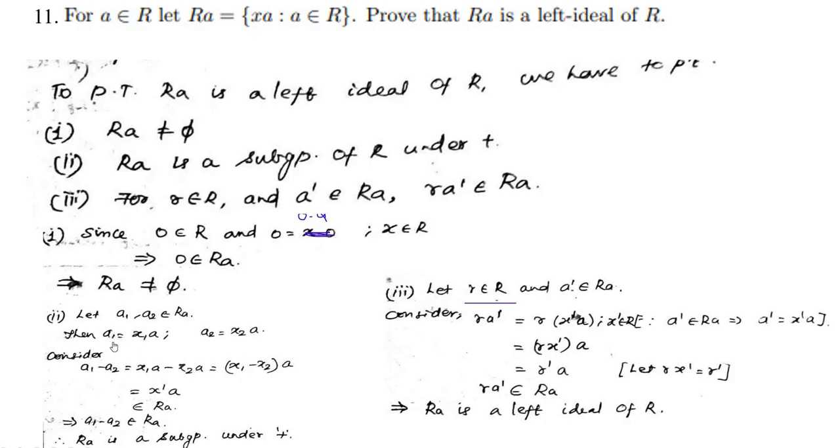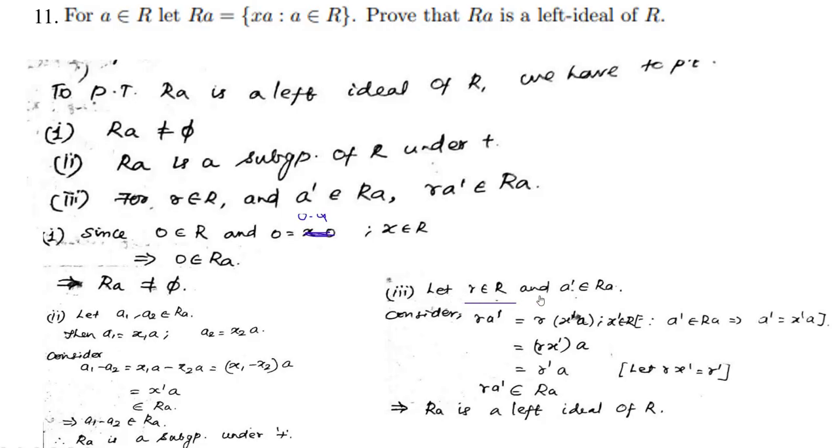So your A1 is X1A and A2 is X2A. So A1 minus A2 will be X1A minus X2A. By distributive law we have this step, and this can be taken as some X prime. So you have the whole lot to be of this form. This is a member of capital R, so the whole lot is a member of RA. So RA is a subgroup under addition.